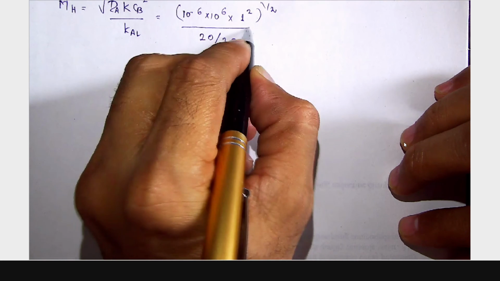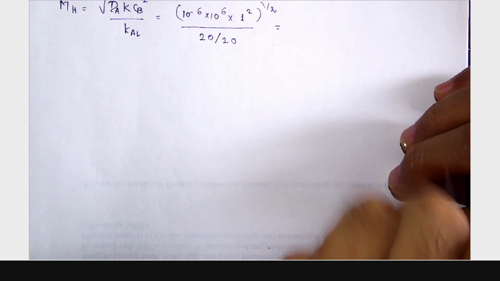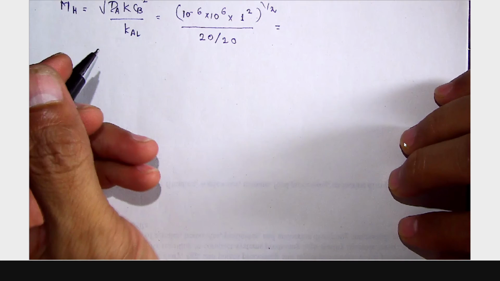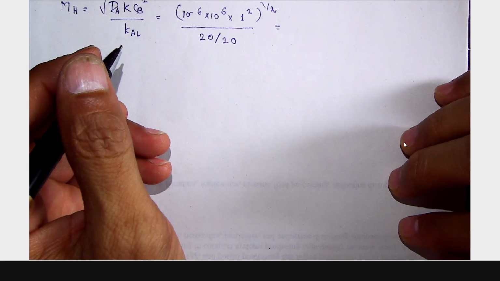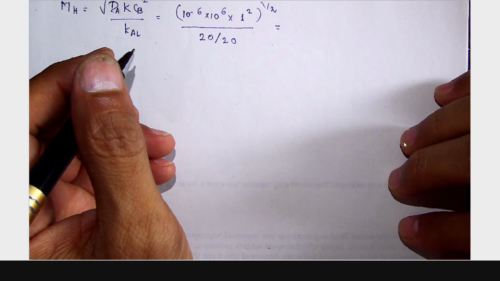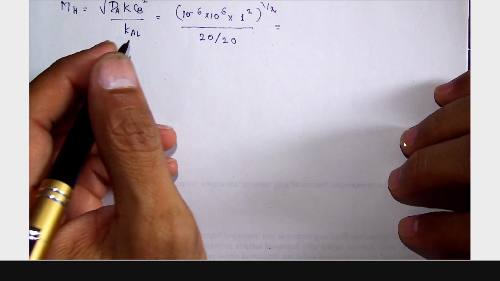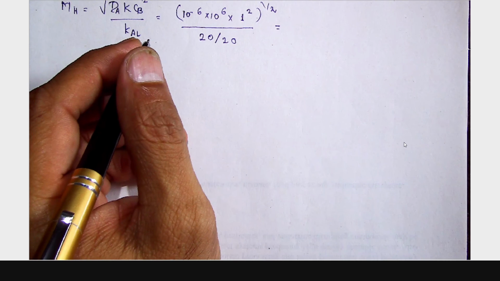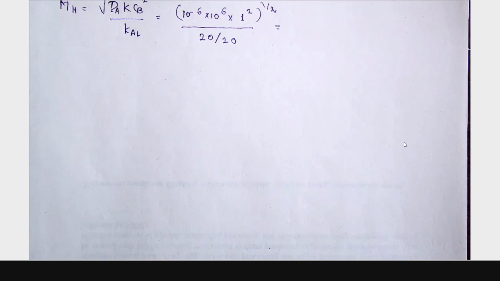Be careful. So how much will it come? Square root of 1. So MH is 1.